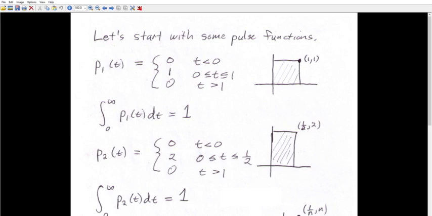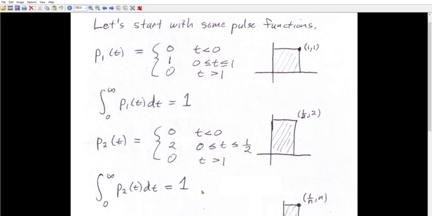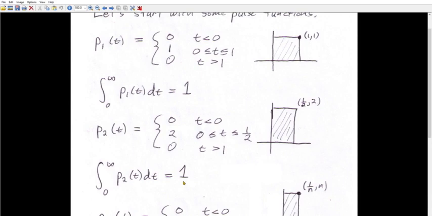The difference here is this function has height 2, but is only non-zero on the interval between 0 and 1/2. So the area under the curve is still 1, okay, but the pulse is now concentrated between 0 and 1/2. And when you integrate, you get 1 again.